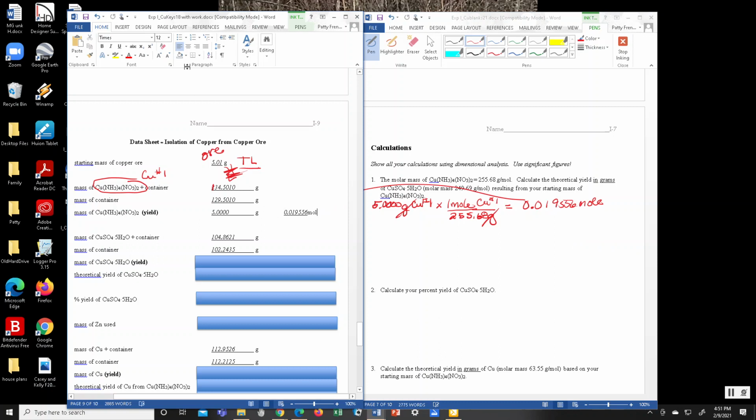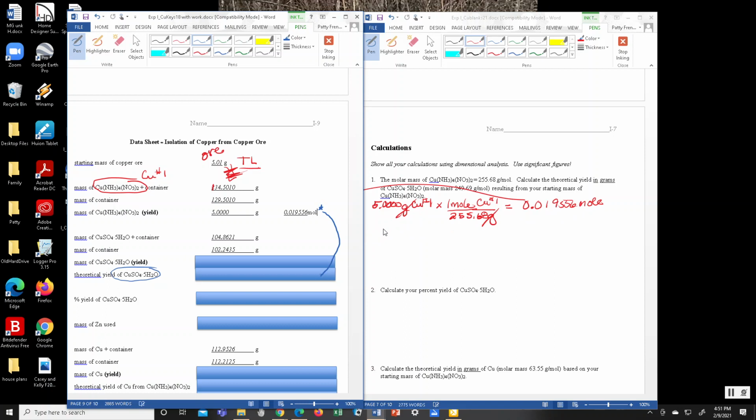Now we were looking for the theoretical yield of copper sulfate pentahydrate. So we had to go further than this. This is where we are right now. So now we take this, we're going from moles to moles, right?